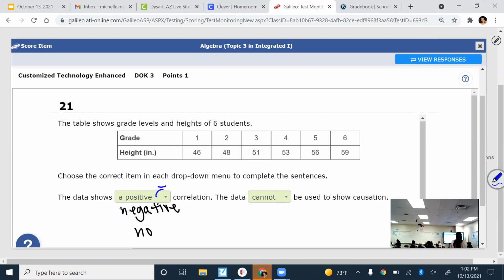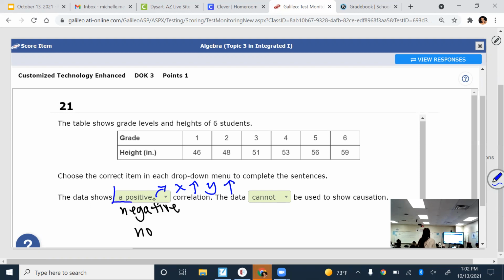If it's a positive correlation, that means that when X increases, what happens to the Y's? They also increase. Is that what's happening in this one? Yes, because X goes 1, 2, 3, 4, 5, 6, it's increasing. Y goes 46, 48, 51, and all that, also increasing. So that's how we know it's positive.